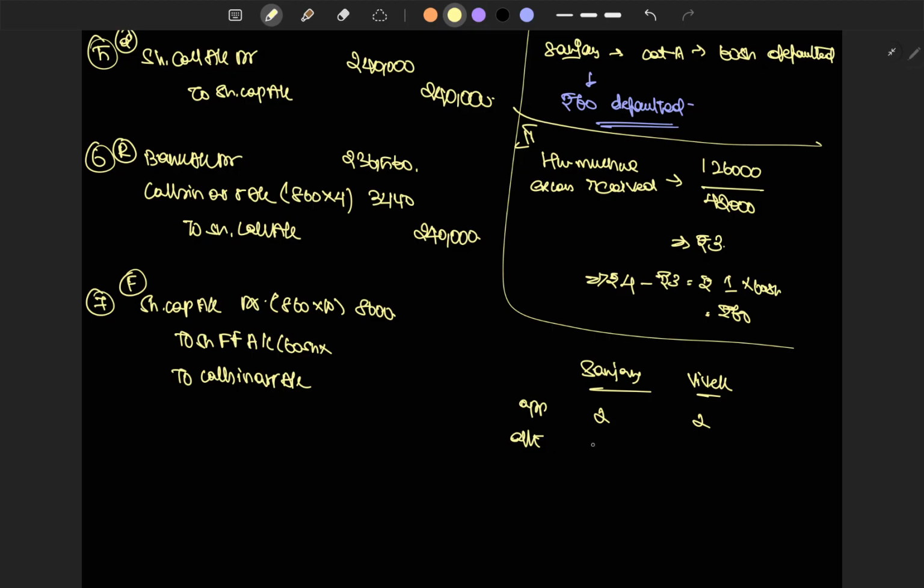During allotment he didn't pay anything, but he has in excess paid rupees 3. Vivek paid the allotment full money, which is 4. So total is 5, and this is 6.